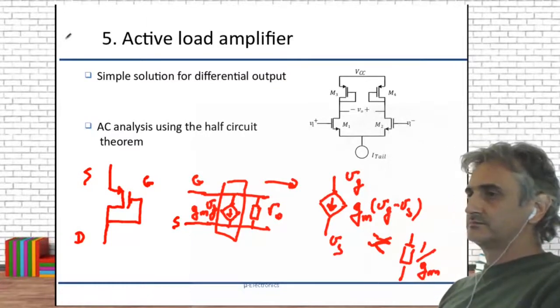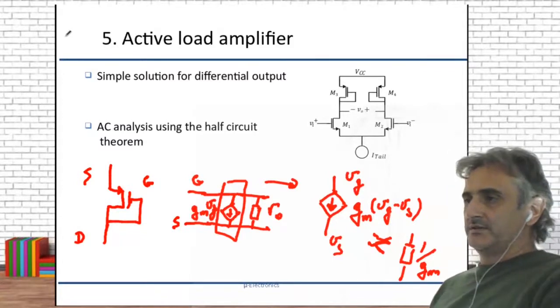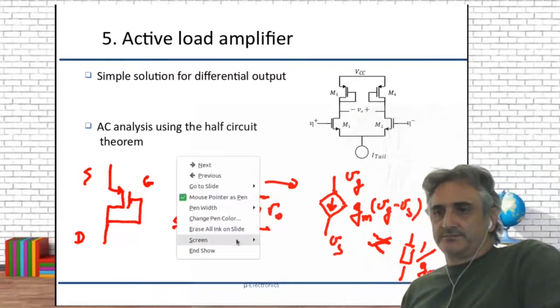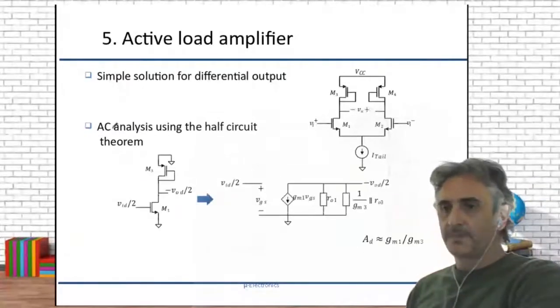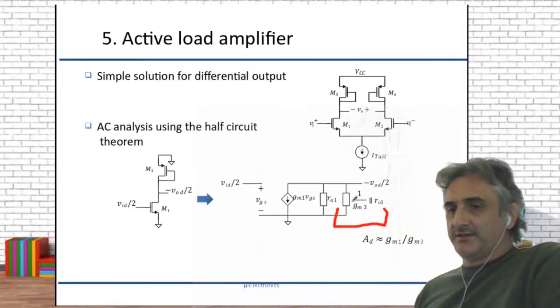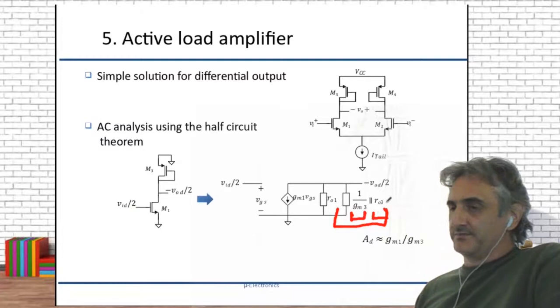Using this, we get to this expression, which is this equivalent resistor in parallel with the output resistor.